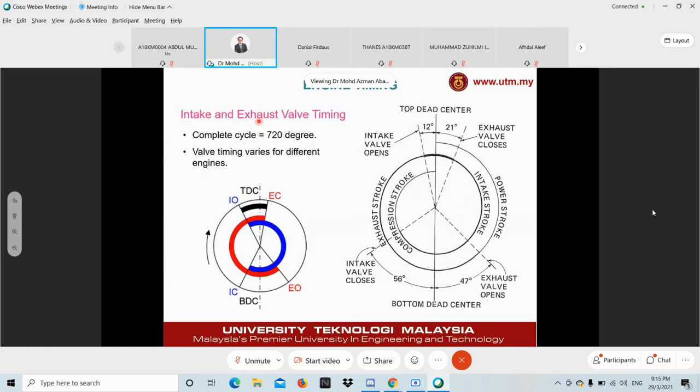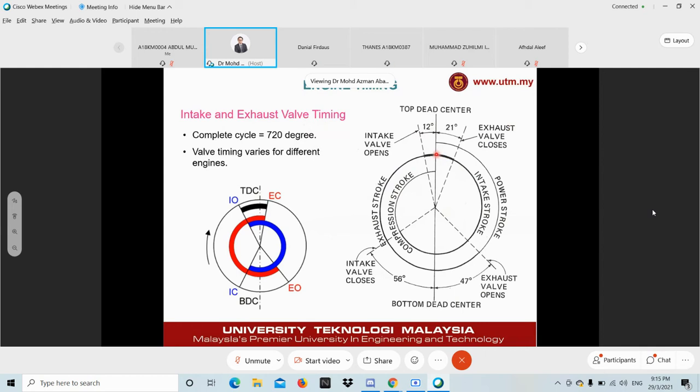So under the intake and exhaust valve timing diagram, let's look at the diagram on the right first. We know that to complete a 4-stroke cycle, or one complete cycle, is 720 degrees. We will start definitely on the intake stroke, with top dead center first. Refer to my cursor. Can you see my cursor?